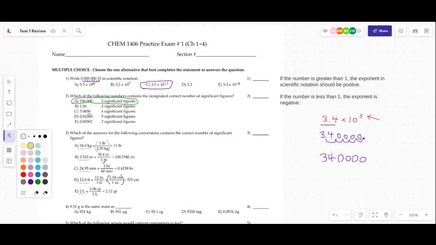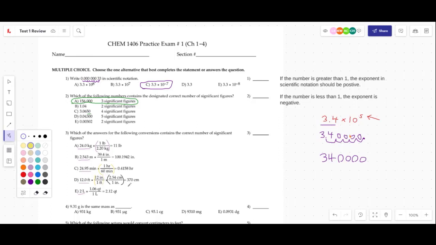So definitional values have unlimited significant figures. For example, the ones I'm highlighting in yellow here, the 1 hour, 60 minutes, that is a definitional value. By definition, 1 hour is equal to 60 minutes. So that has unlimited significant figures. The significant figures are not limited by that. Likewise, 12 inches is equal to 1 foot.